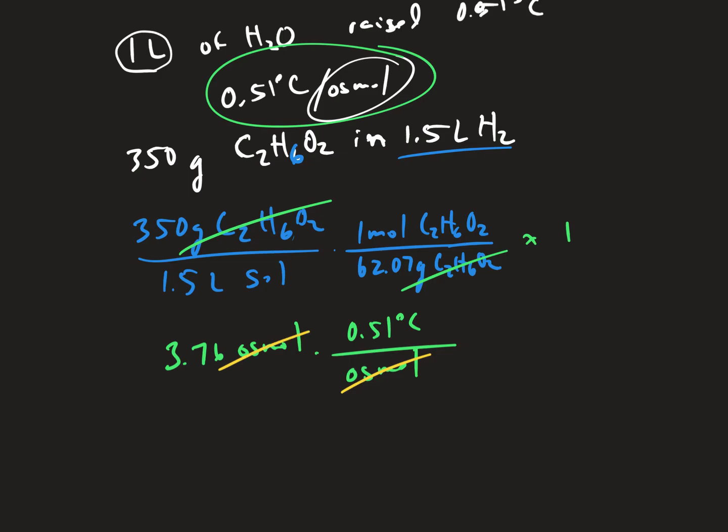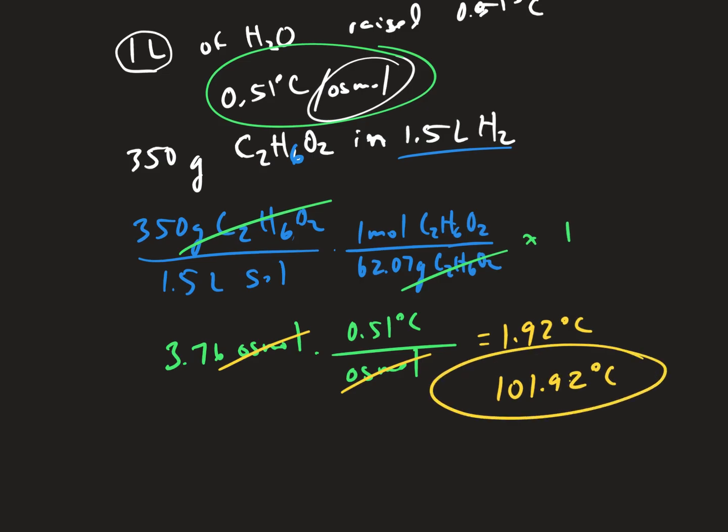That goes away, and we end up with 1.92. So what's my answer? What am I looking for? What's the boiling point? 101.92 degrees Celsius. Good?